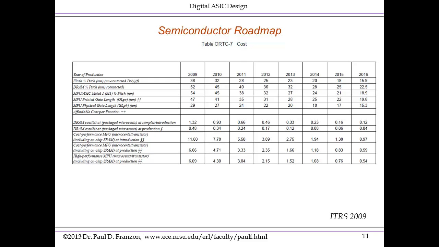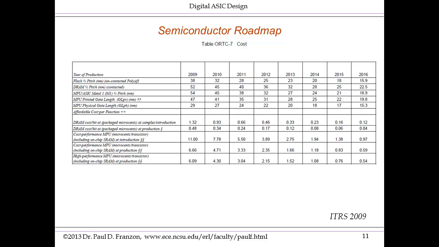The physical gate length is shorter due to reasons we don't have time to go into. But as you can see, the physical gate length, which actually determines the performance of the transistor, isn't scaling quite as fast as the printed gate length.